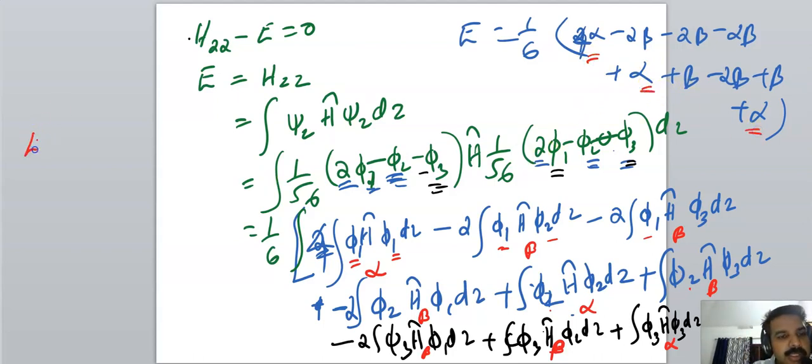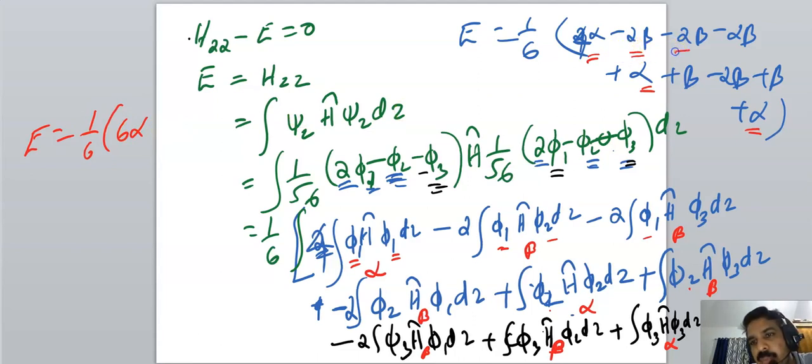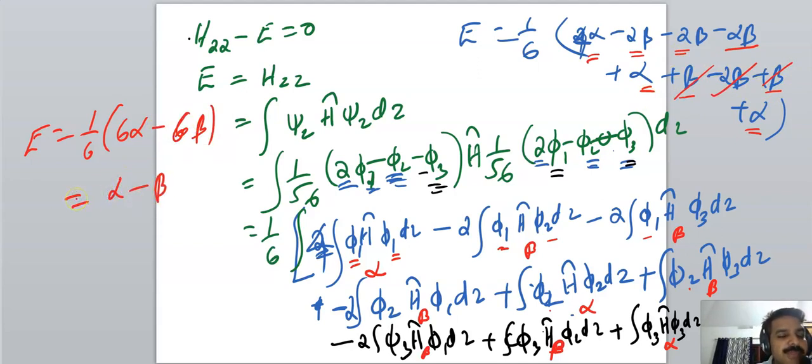So we can write energy is equal to 1 by 6 into 6 alpha, and beta minus 2 beta minus 2 beta minus 4 beta minus 6 beta, this plus beta and minus 2 beta, this is cancelled, therefore minus 6 beta. Okay, and that is equal to alpha minus beta. That is energy of psi 2 is equal to energy of psi 3, because they are degenerate, is equal to alpha minus beta.